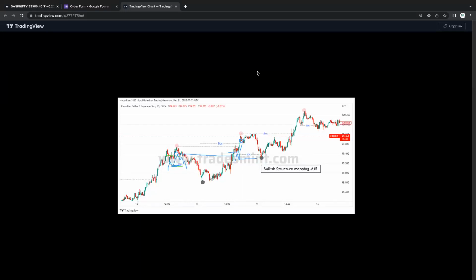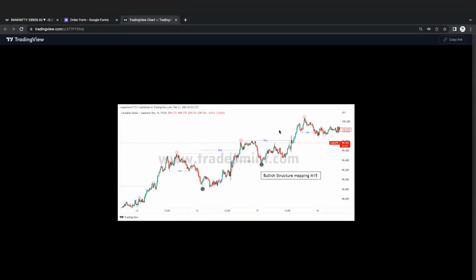It's not minor. Yes, it's a minor inducement, right? So to confirm any higher high, lower low structure mapping, you can use minor, it doesn't matter. Okay, perfect. And the rest is perfect.